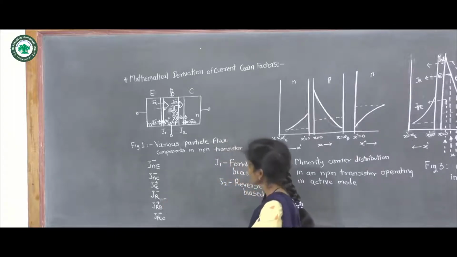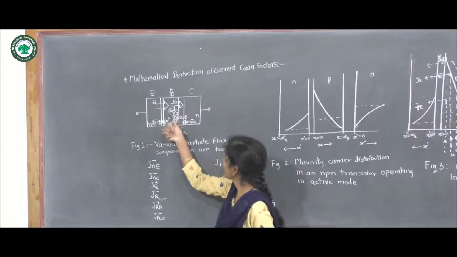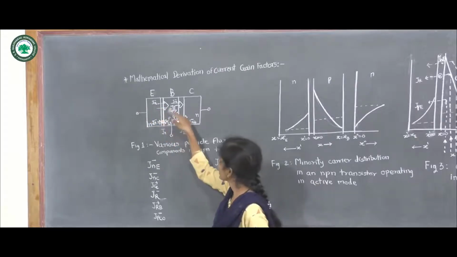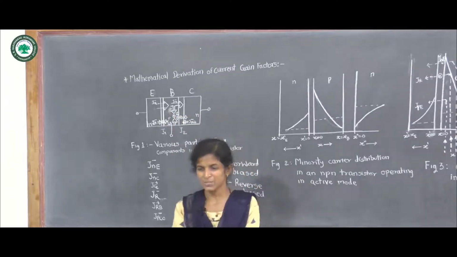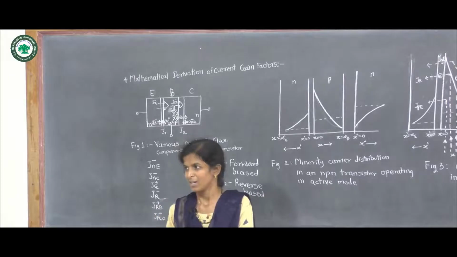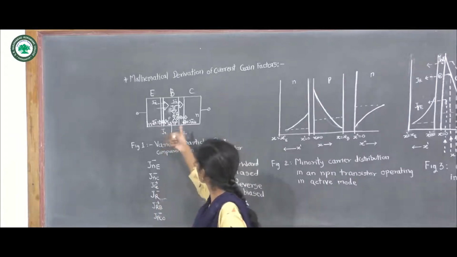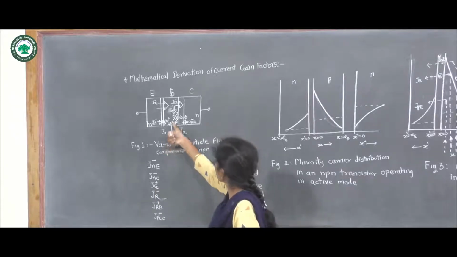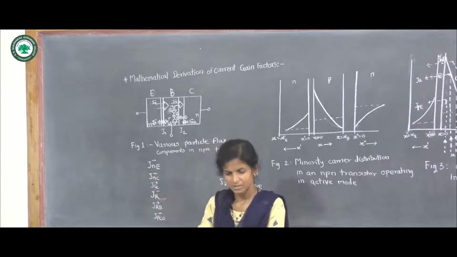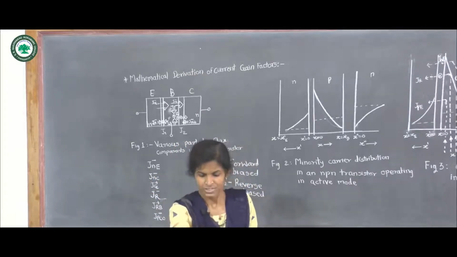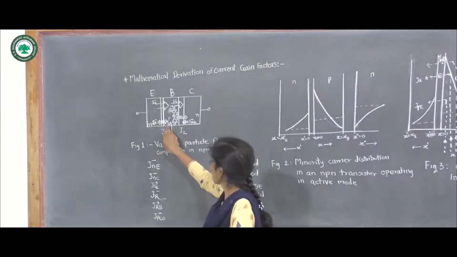Again, during the recombination of electrons from the emitter and holes from the base, there is replenishment of the holes which are given by the base terminal, which is given by JRB plus.